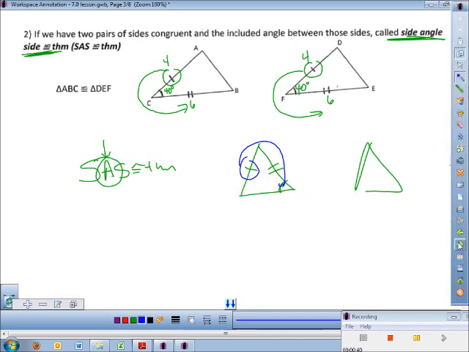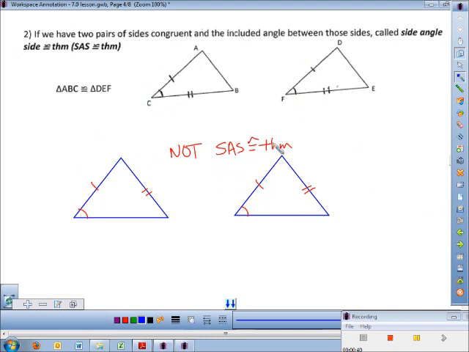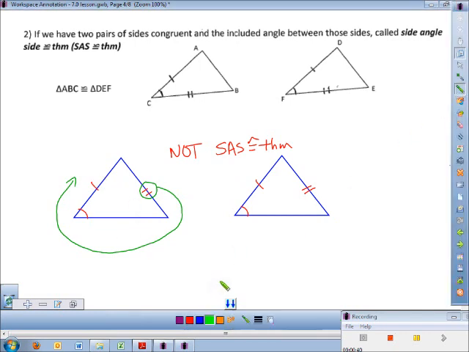Here's also another one that is not side-angle-side, and people go, well, okay, what if you went from here, let me use a different color. What if you wanted to go from this double arc mark around this way, Mr. Fonesteel, and said I want side, angle, side? This doesn't work because of this fact. Look at how many things you skipped over.